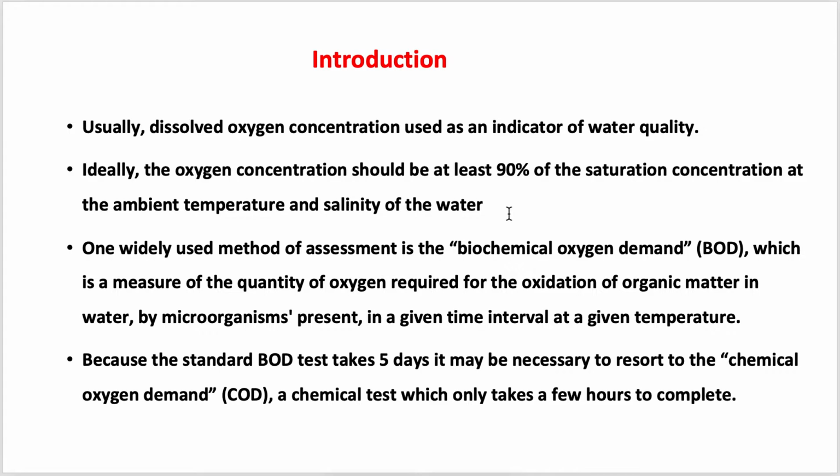So if the dissolved oxygen concentration goes below 90%, it will affect the living bodies of the water. That's why it is used as an indicator of water quality. If the dissolved oxygen is less than 90%, that means the water quality is bad. It's not good for the living things.